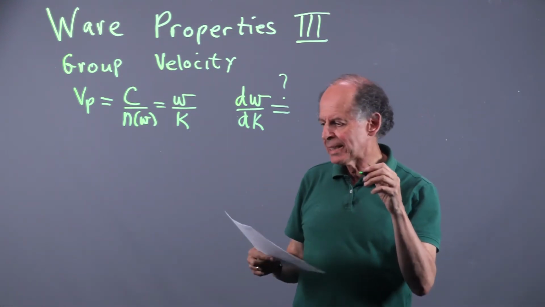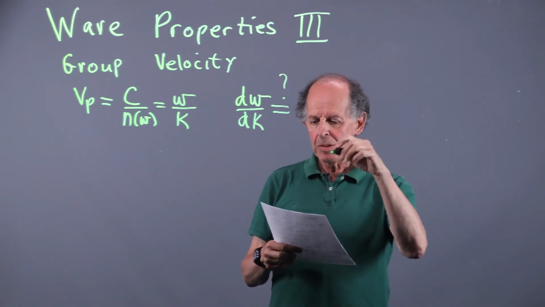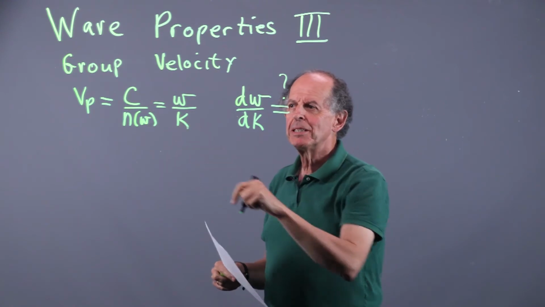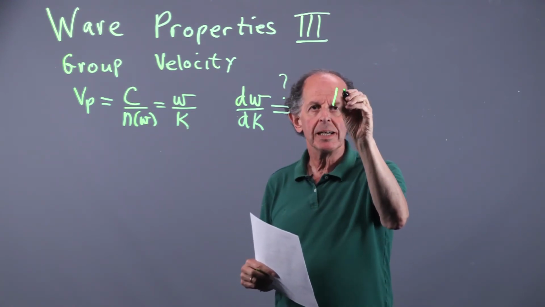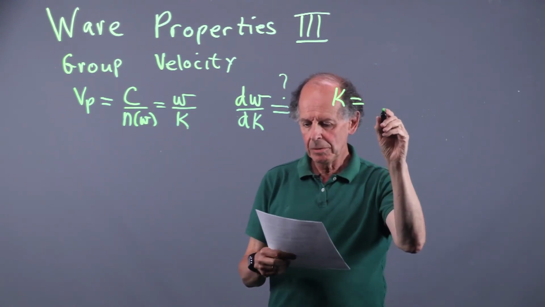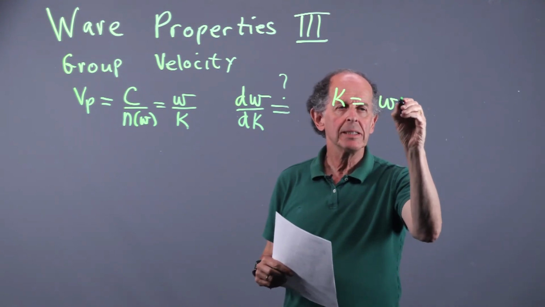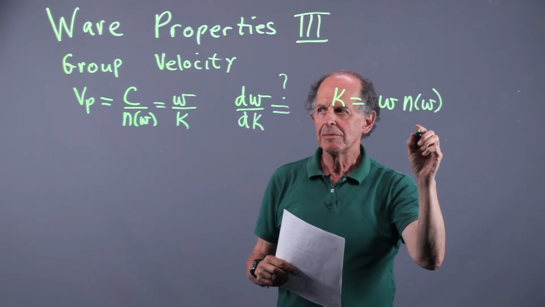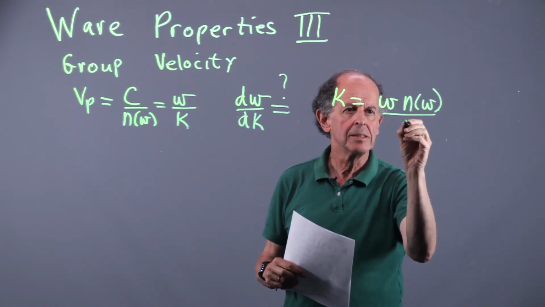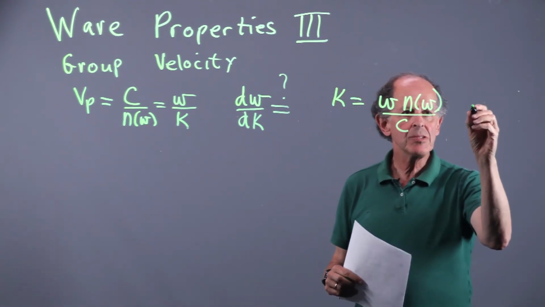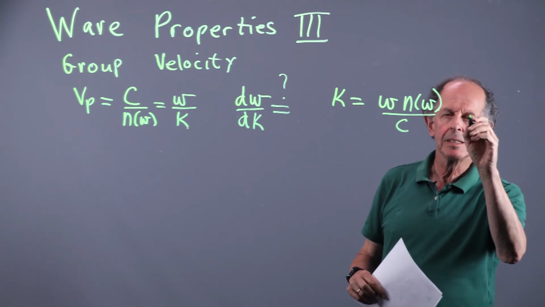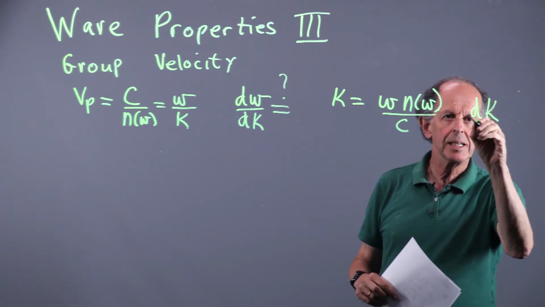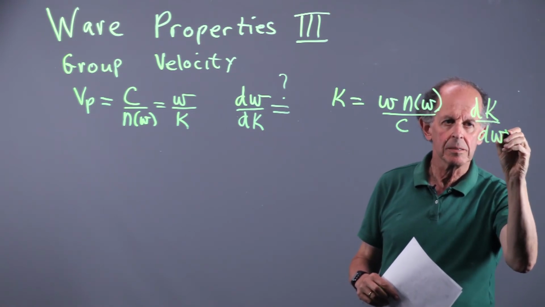So let's write k in terms of omega. That's easy. We just rearrange this formula. So k is equal to omega times n of omega divided by c. We don't have to know what n is, but we can easily calculate dk d omega.